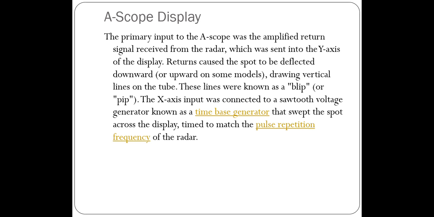There are some limitations and applications of the A scope display. Only the range, that is the distance of the target, can be determined, and not the direction of the antenna, as the antenna direction is generally indicated elsewhere.